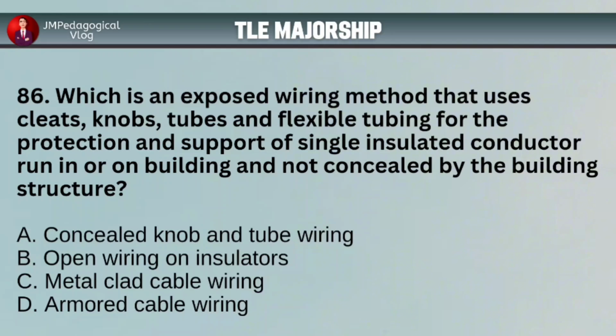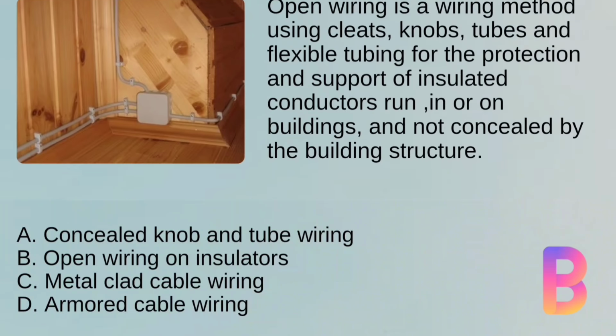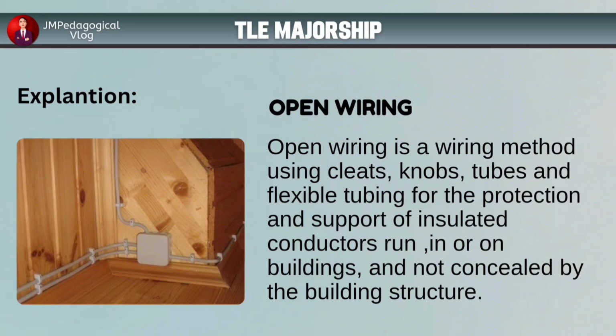D. Armored cable wiring. B. Open wiring on insulators. Explanation. Open wiring is a wiring method using cleats, knobs, tubes and flexible tubing for the protection and support of insulated conductors run in or on buildings, and not concealed by the building structure.